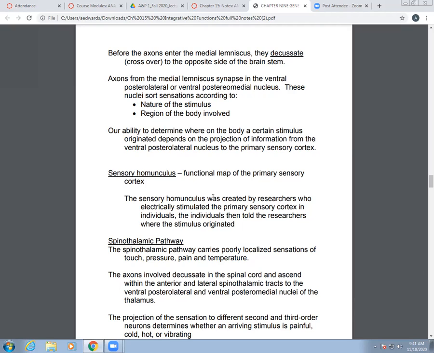And this was created by researchers that basically stimulated a person's primary sensory cortex. And the individuals told the researchers where the stimulus originated. Okay, so it's more of a map of what's going on inside the brain and where stimulation is coming from.